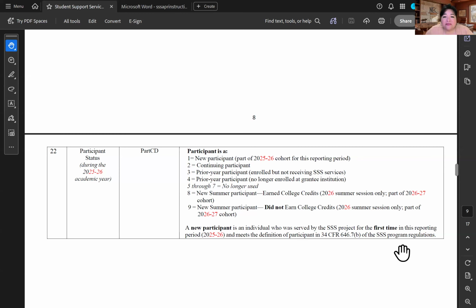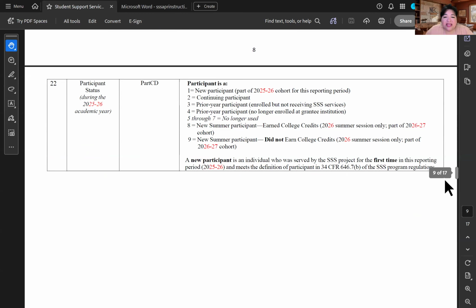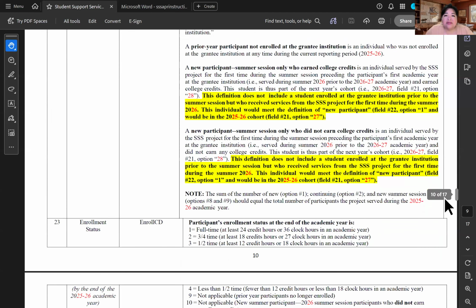But the only thing there is this explanation here that sometimes throws me off, that I highlighted here, about the new summer participant. If you want to look on page 10, because they go into detail, field 22 is tough. It's got a lot of insight.